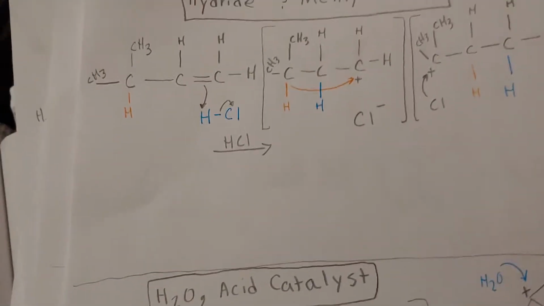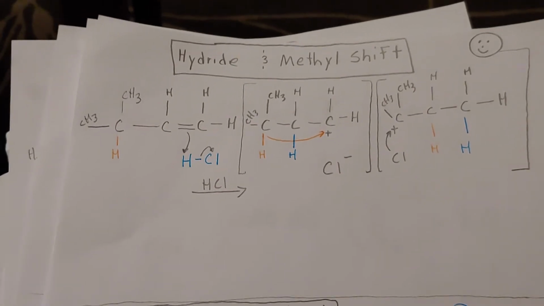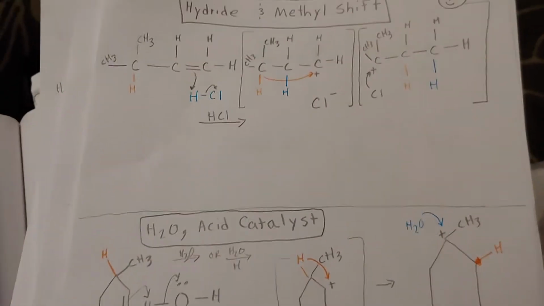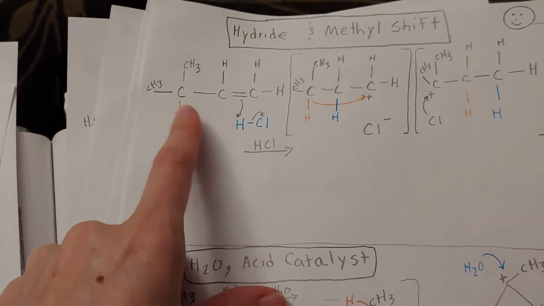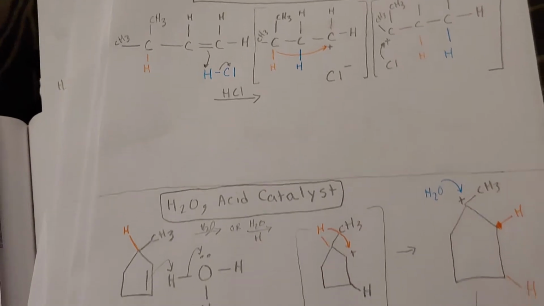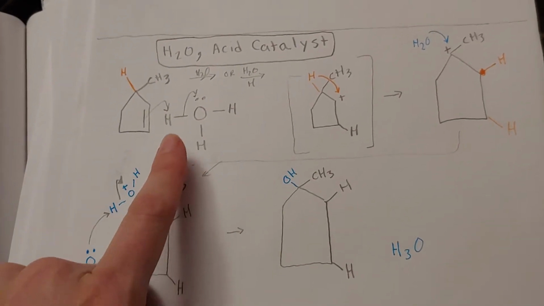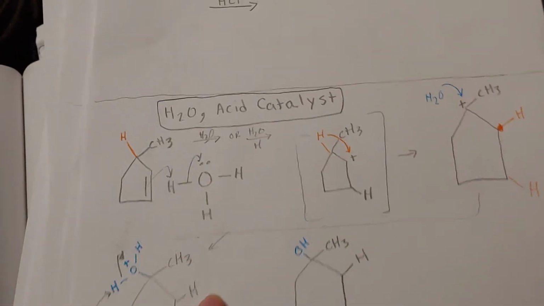Elimination, hydride and methyl shift. So there's going to be two, like we're showing here. So here, if it's HCl, it's going to be a methyl shift. So make sure you know how to do that methyl shift. And then if it's here, it's going to be a hydride shift. The way I can remember it is they're acids.